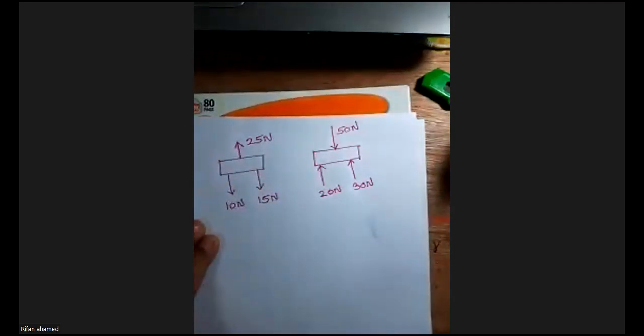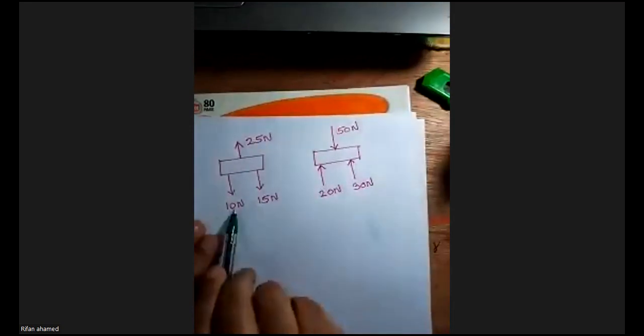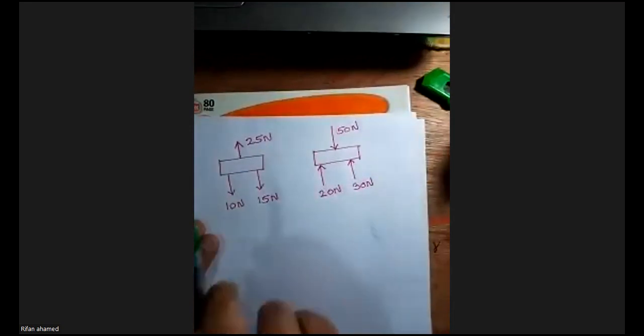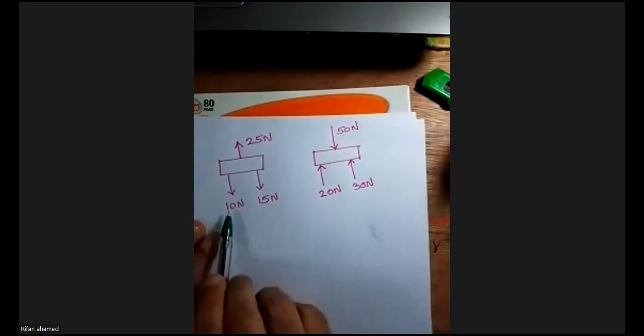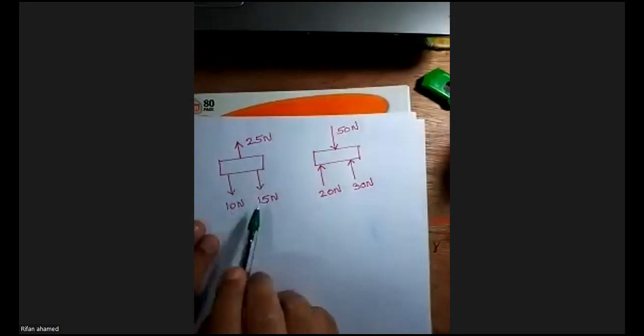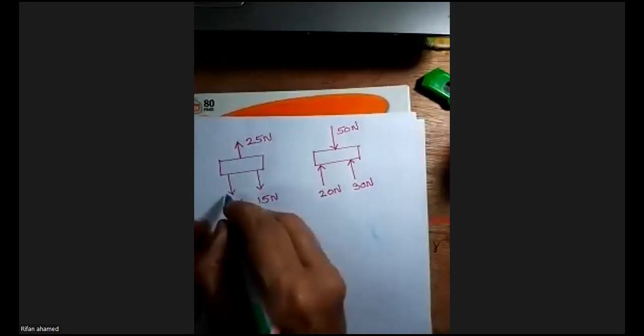Actually, the meaning here is, for 10 Newton and 15 Newton, you studied the resultant force in the last class, right? How to find the resultant force of two parallel forces in the same direction?